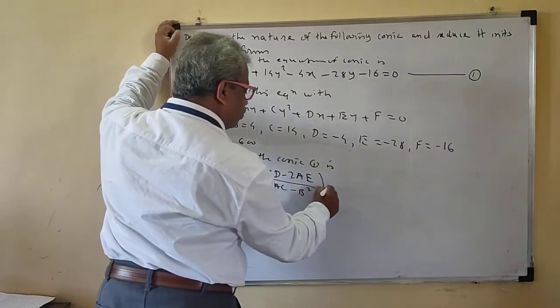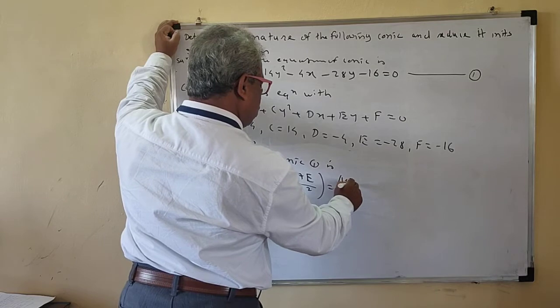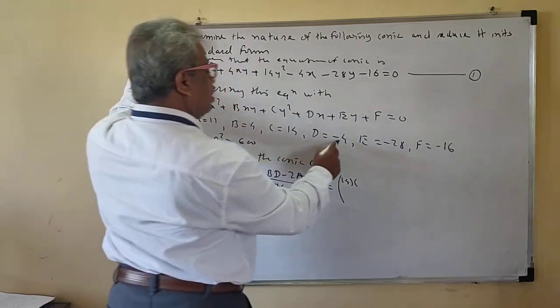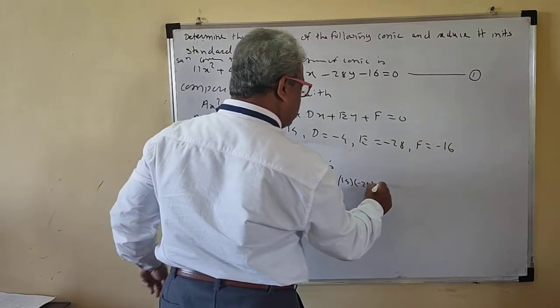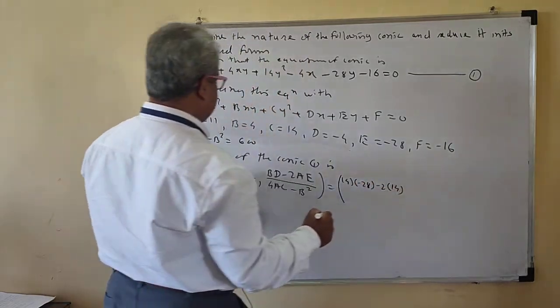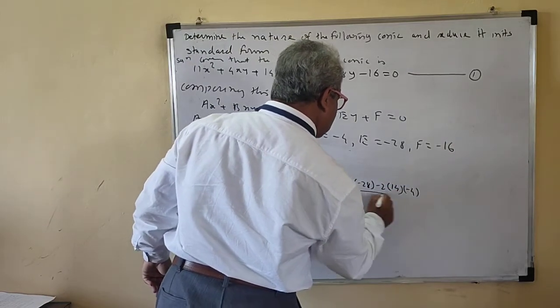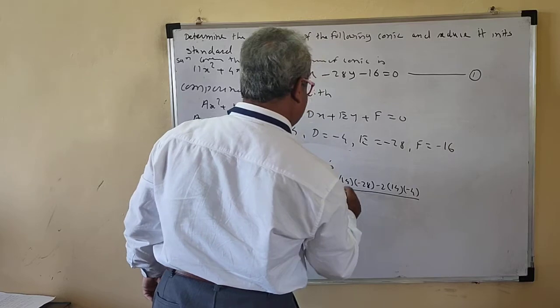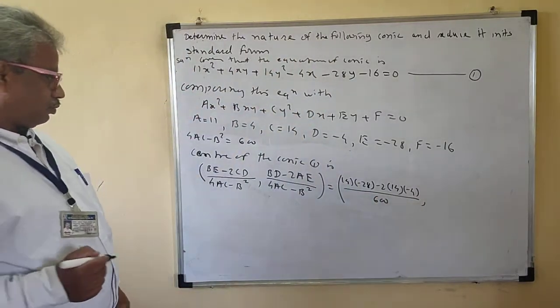We'll write the values of this now. So b is 4, your e is minus 28, minus twice c, which is 14, times d, which is minus 4, upon, this value is known to you, 600.